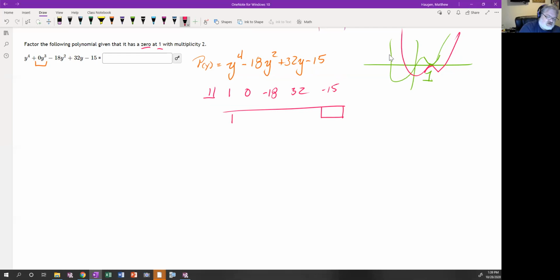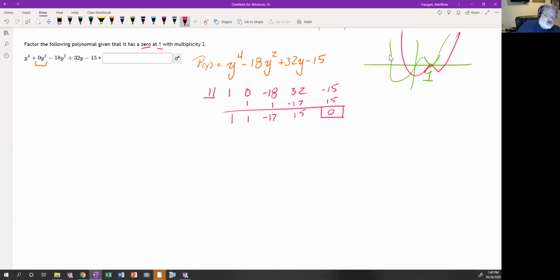And we should check that. So 1 times 1 is 1, add together 1, 1, negative 17 times 1 is negative 17. Add those together, get 15, 15, 0. Okay, good, it worked. We knew it was going to work unless they were lying to us.